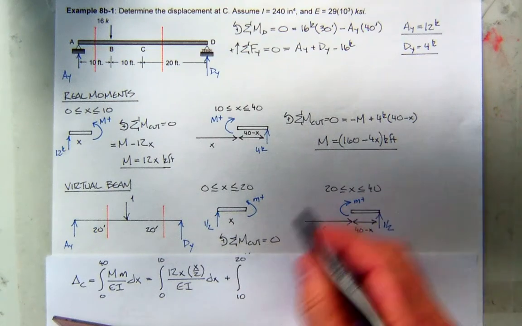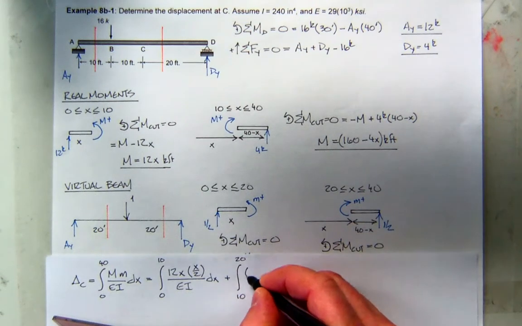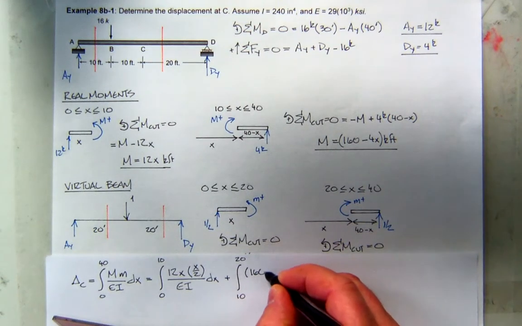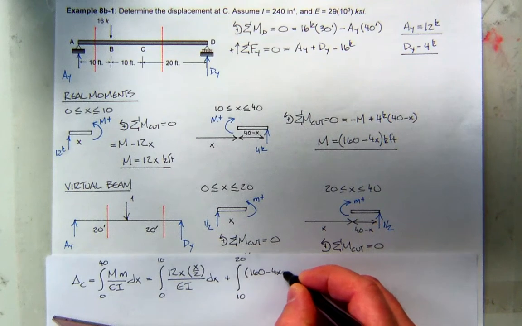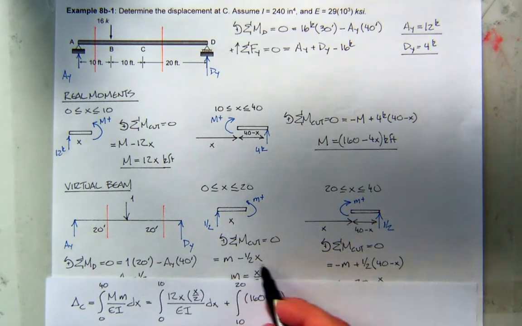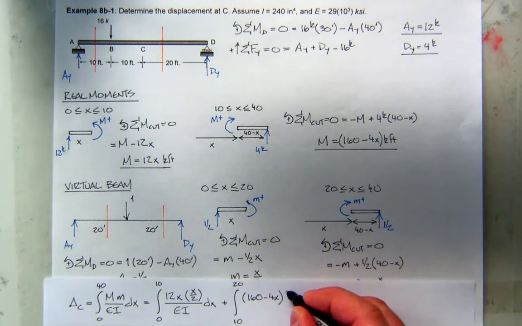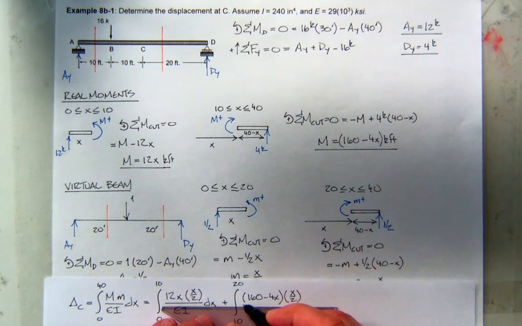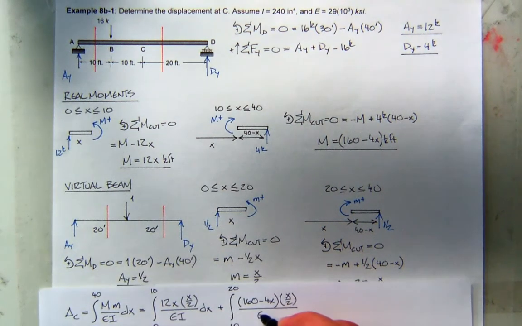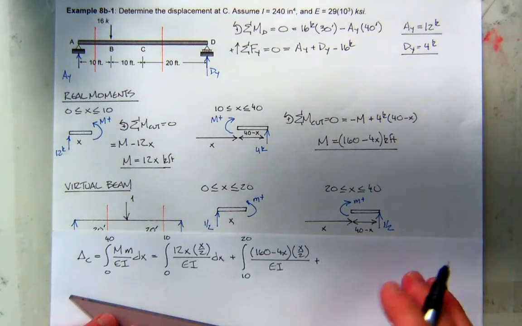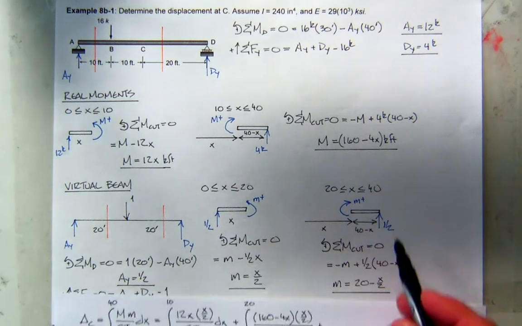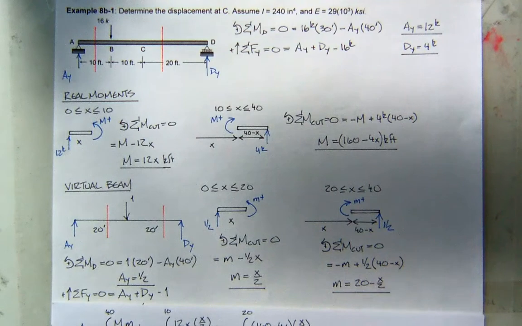Now I have a real moment equation that changes to 160 minus 4x, but my virtual moment is still x over 2. And then finally, from 20 to 40, real moment is this, virtual moment is that.